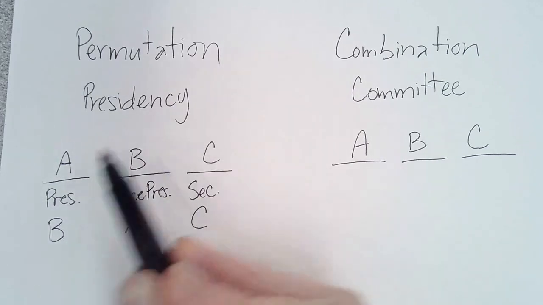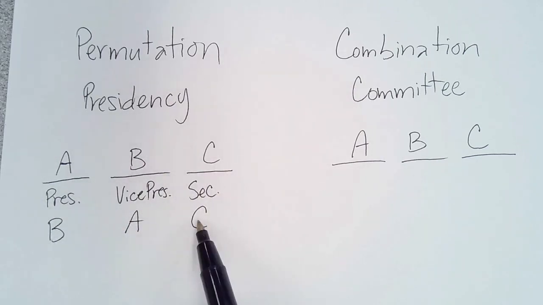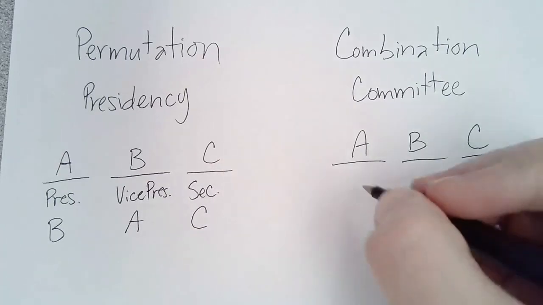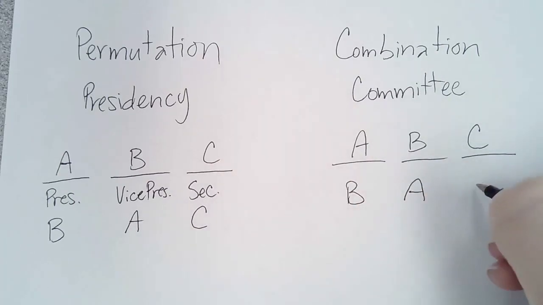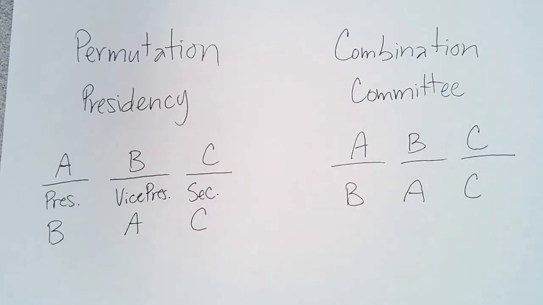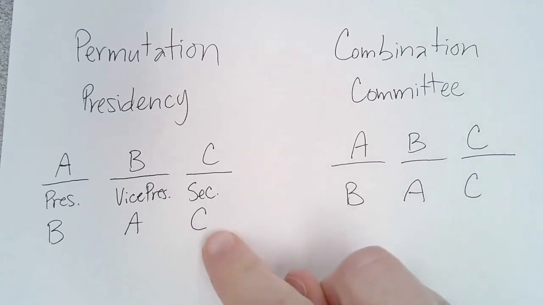This is a different presidency, this line, than this one. But if we trade them around in the committee, they're all still in the committee. It's still the same 3 people in the committee. And so this does not count as a different committee, where it does count as a different presidency.